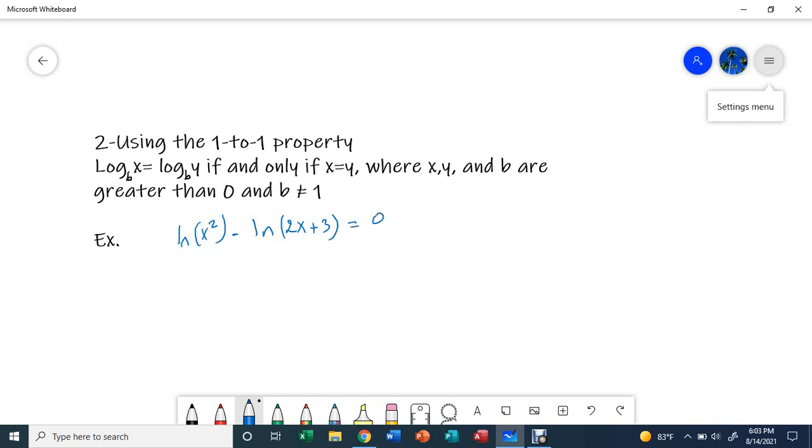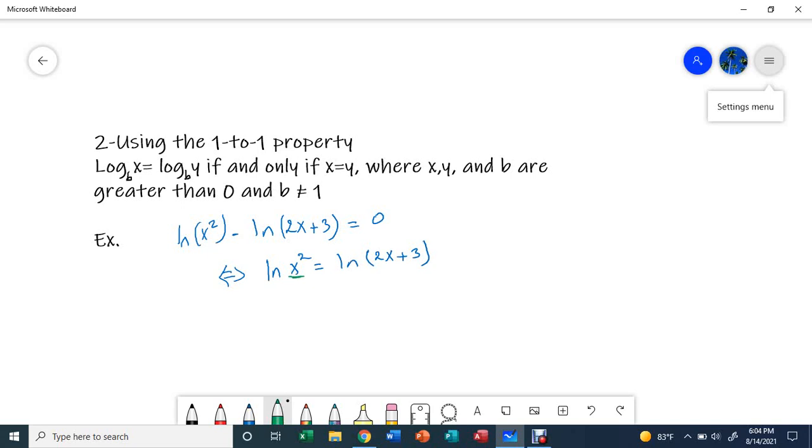Now I'm gonna add ln of 2x plus 3 to both sides and end up with ln of x squared equals ln of 2x plus 3. And now I can use the one-to-one property.